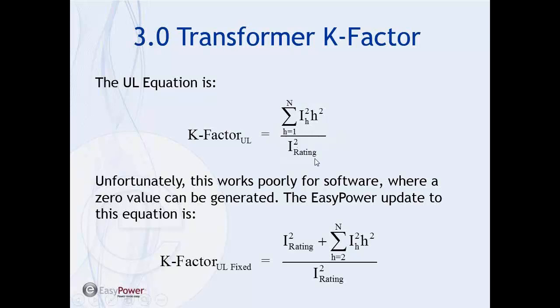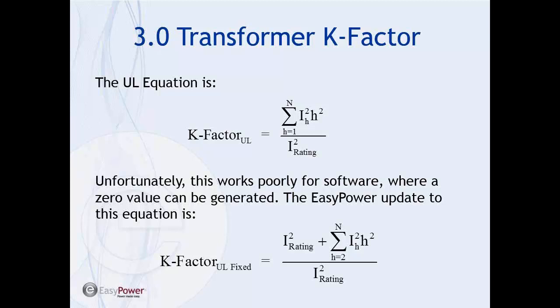Now, unfortunately, if you actually try to apply this in software, which I've done, what you'll find is it really doesn't work very well if you have a fundamental current that is 0 or maybe half loaded or 20% loaded. You'll find that this doesn't produce a correct number. So we've modified this so that if you have a 0 loading, you'll get a K factor of 1.